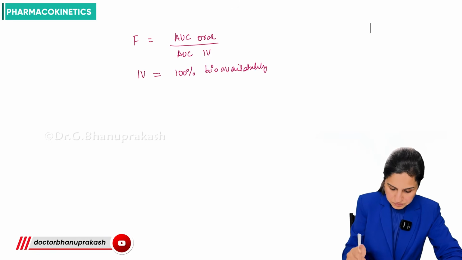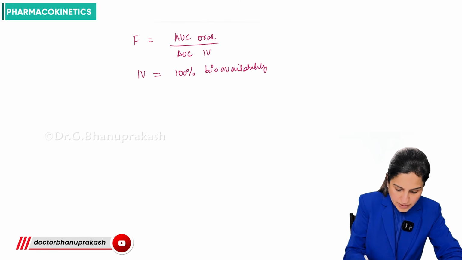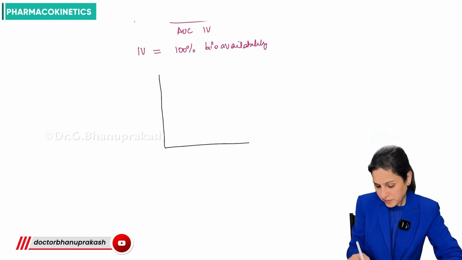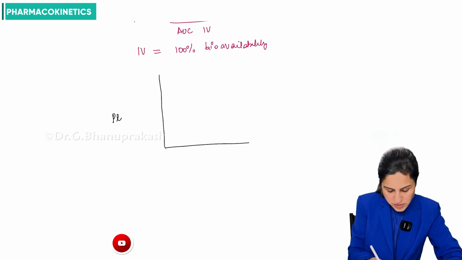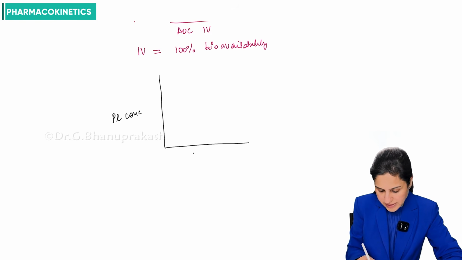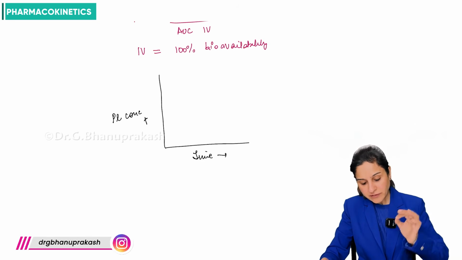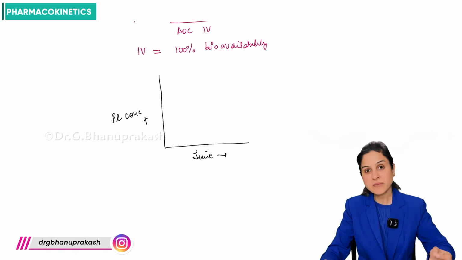Okay. So, if we have to compare, how do we compare this? You see, this is a plasma concentration versus time graph. We take a single drug and we give it by the IV route and also by the oral route.